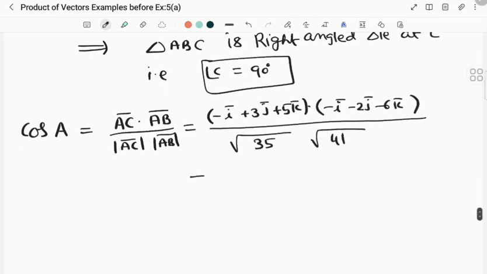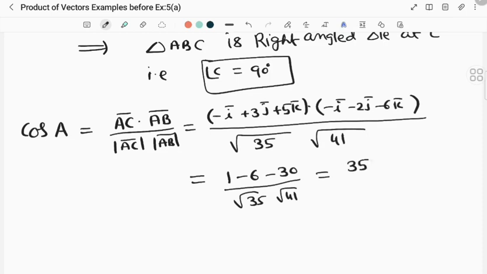So here also we can calculate the dot product: 1 minus 6 minus 30, by root 35 into root 41. So minus 35, in modulus we can take it now.